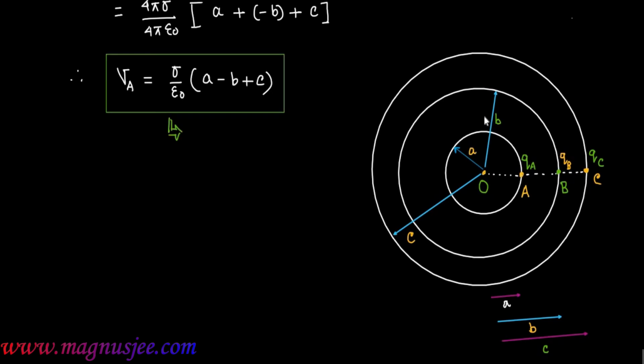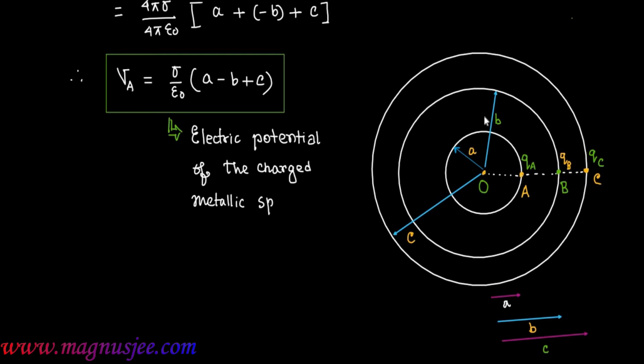That is the electric potential of the charged metallic shell A, or metallic hollow sphere A.